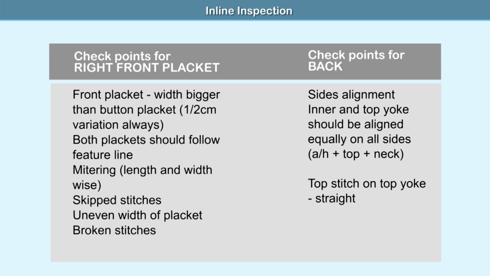Check points for right front placket. Front placket width bigger than button placket. Half centimeter variation always. Both plackets should follow feature line. Mitring length and width wise. Any major problems in the placket?